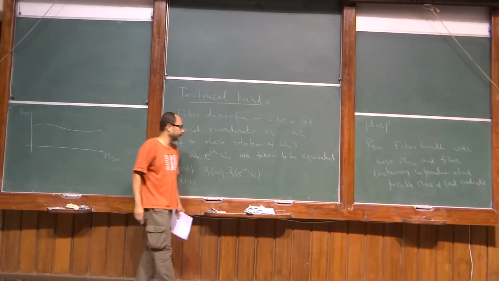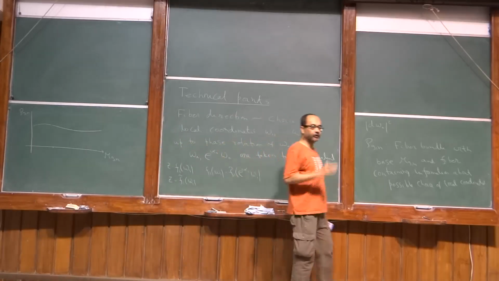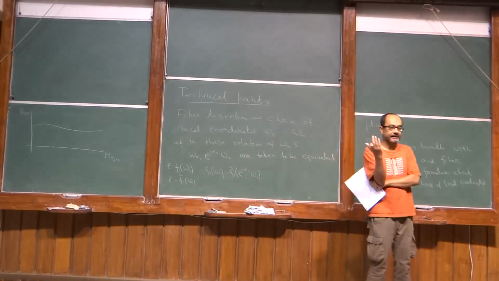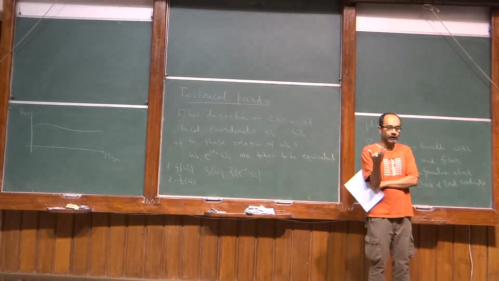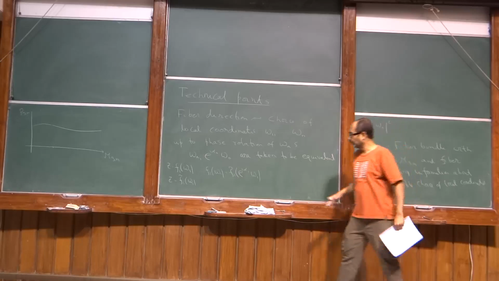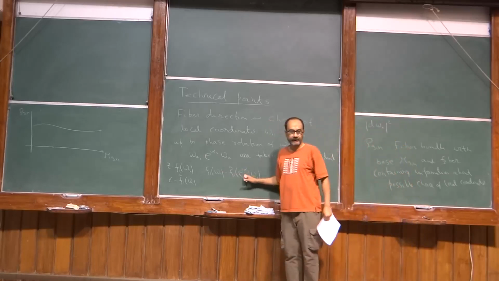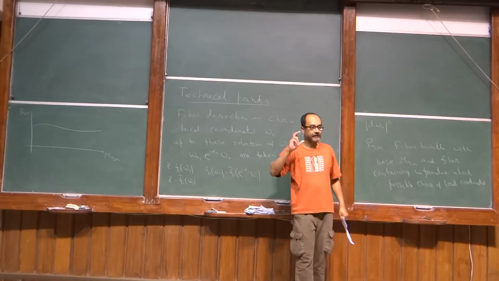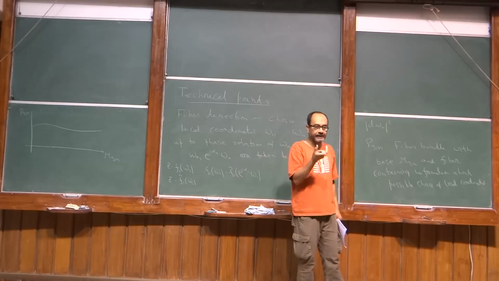Then you can show that it's impossible to find a section which is continuous and which, on a closed curve, comes back to the original choice. What you can do is that it comes back to the original choice up to a transformation of this kind, where the local coordinate has gotten rotated by some phase.